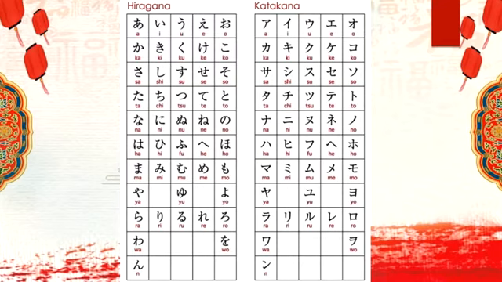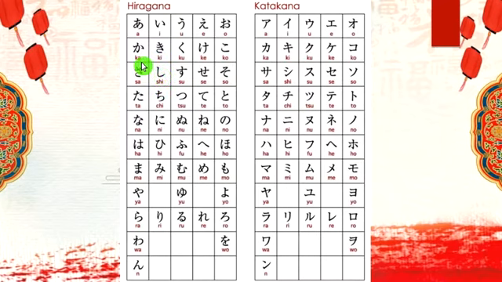So, the 46 hiragana and katakana characters are shown in this table in alphabetical or dictionary order. In this table, the characters are read from left to right, beginning from the top row. So we read a, i, u, e, o.